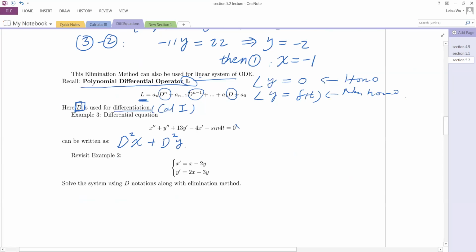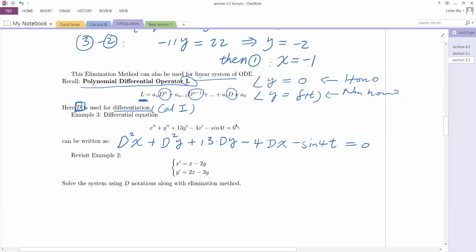It's y double prime plus 13 y prime. So that's 13Dy minus 4 x prime. That's 4Dx minus, there's no differentiation. So just sine t equals 0. Is that good?